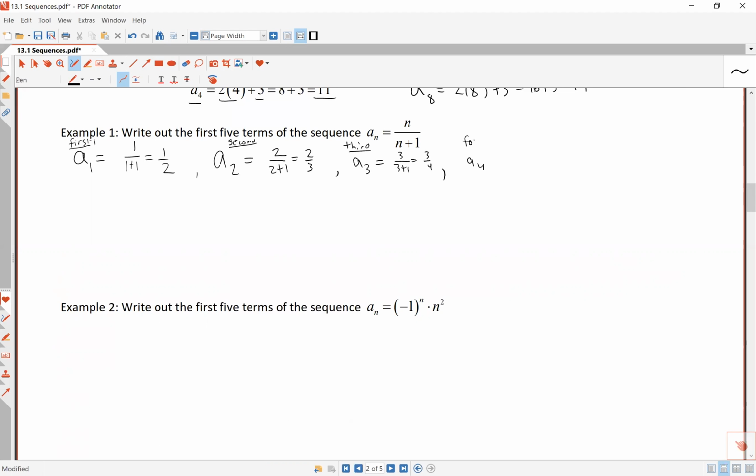The fourth term in the sequence is found by putting 4 in for n. 4 over 4 plus 1 is 4/5. And the fifth term in the sequence is found by putting n equal to 5, which is 5 over 6. Pretty easy to see those terms there, so we say that the first 5 terms are 1/2, 2/3, 3/4, 4/5, and 5/6.